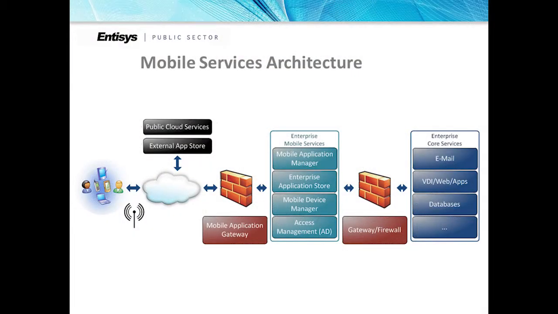Our enterprise mobile services, the list of which includes an application manager, which we'll go over the purpose of that soon here, an enterprise application store, which can be exactly what we presented with the application publishing, something very similar to that, a mobile device manager to implement policies, organizational specific, and then of course some kind of authentication mechanism. And finally, we're going to want to make sure that those users access both internal resources and cloud-based resources securely.